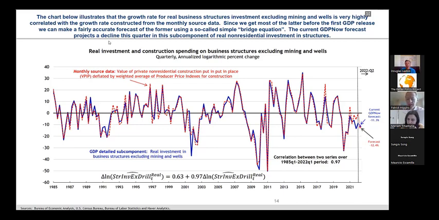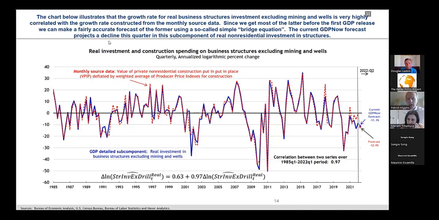The indicator here is value of construction put in place. This is always released at the beginning of the month. Essentially it is how much builders are spending on building different types of structures, both residential and non-residential.